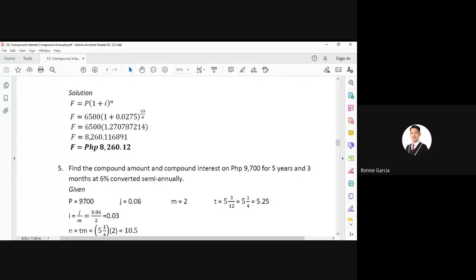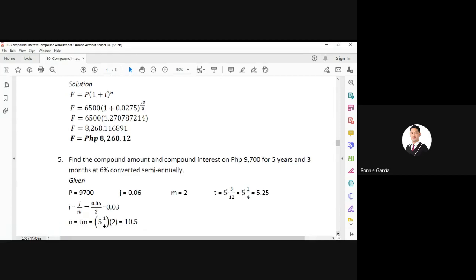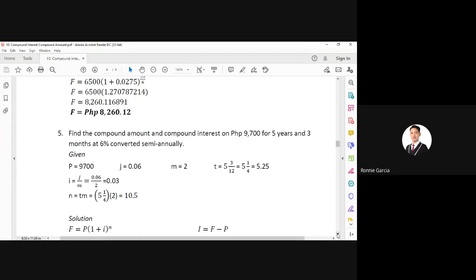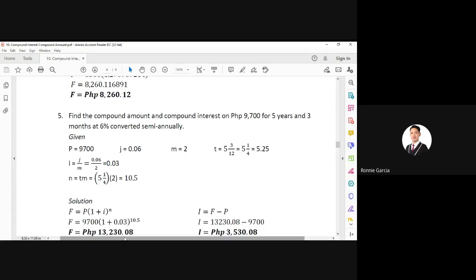Now we divide the nominal rate 0.06 by 2, that's 0.03. So we have the value of I. For our exponent, T times M, 5.25 times 2, that's 10.5. The values here are okay because there are no non-terminating decimals, so it's easy. Just substitute directly. Our F is equal to 9,700 multiplied by 1 plus 0.03 raised to the power of 10.5.